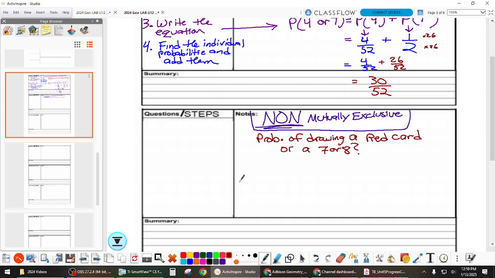Okay. Probability, actually let's just call it face card. Let's get some practice with face cards. So probability of drawing a red card or a face card. Out of a standard deck, that's implied. I don't want to write that every time.